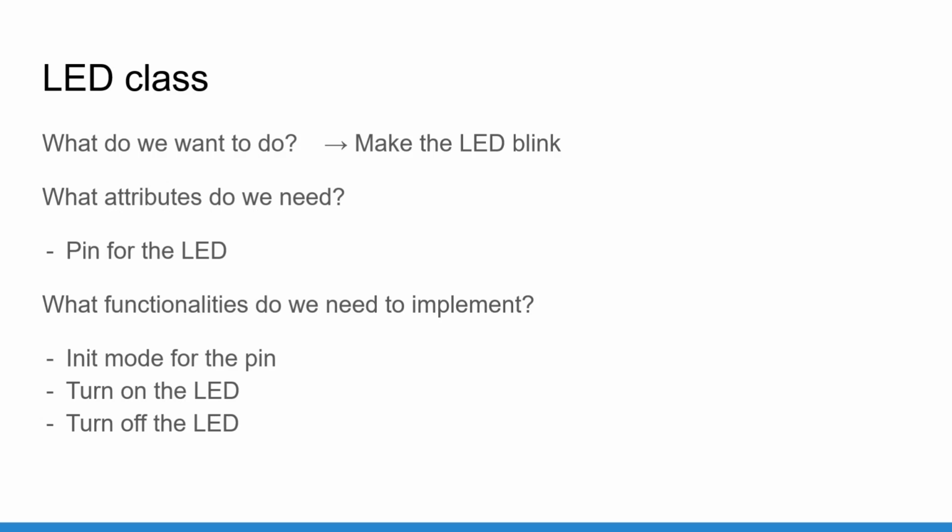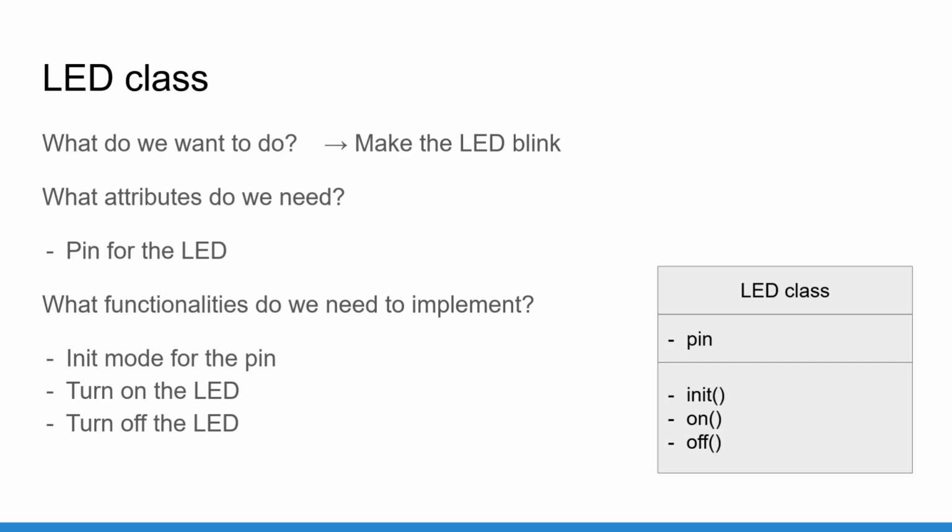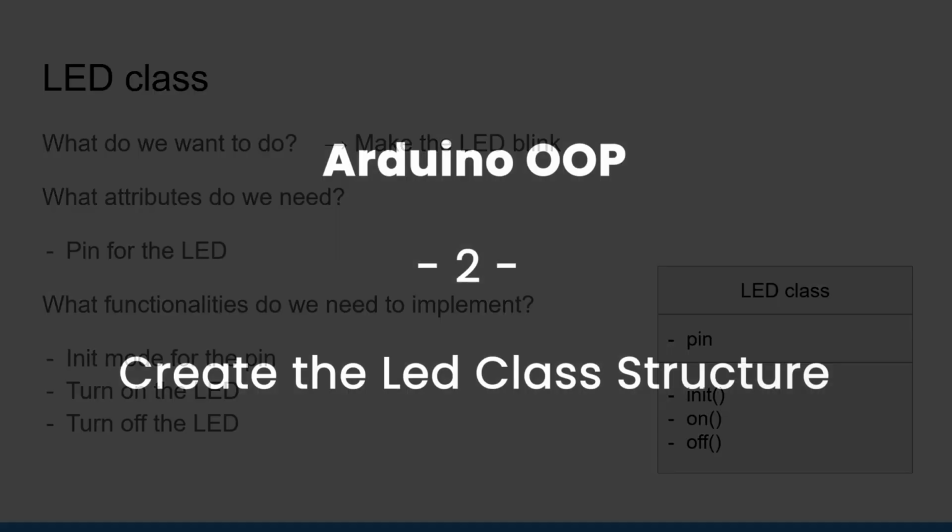Those attributes or properties that are going to define the LED, and the functionalities, we are going to put them in a class, and that's the class we are going to create. And well, that's pretty much it for now. One attribute, 3 functionalities. Let's now start writing the LED class.